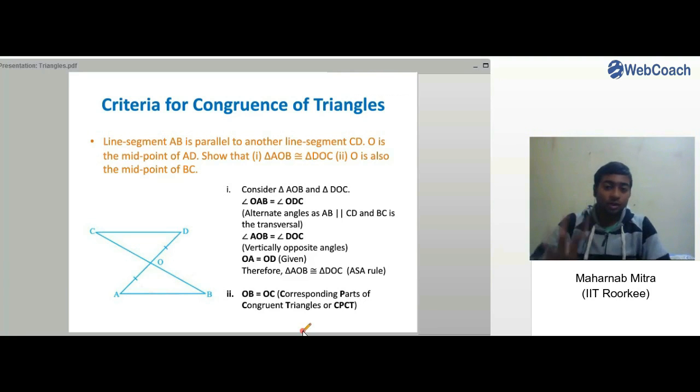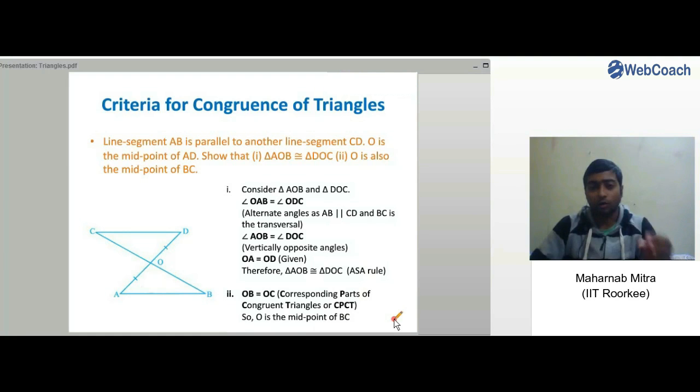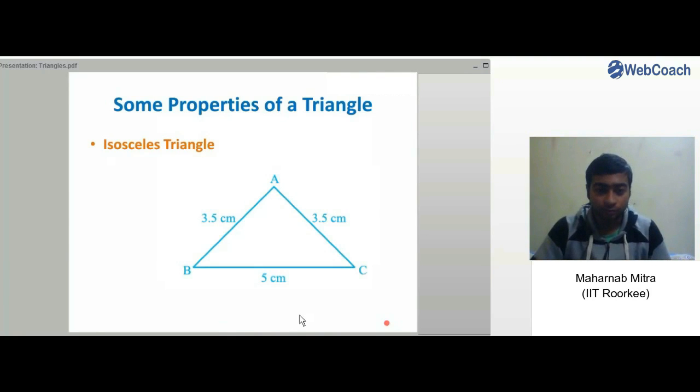So the corresponding angles are equal, the corresponding sides are equal, and like this you can state equality for any corresponding parts based on the congruency of the two triangles. So you can see we have found out O is the midpoint of the line segment BC, because OC was equal to OB.